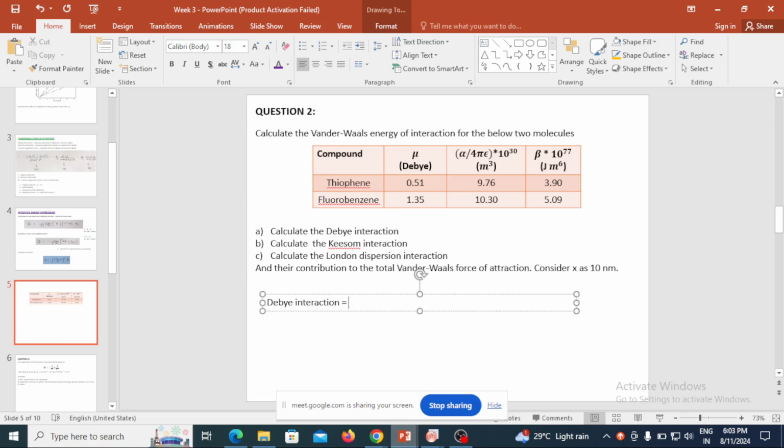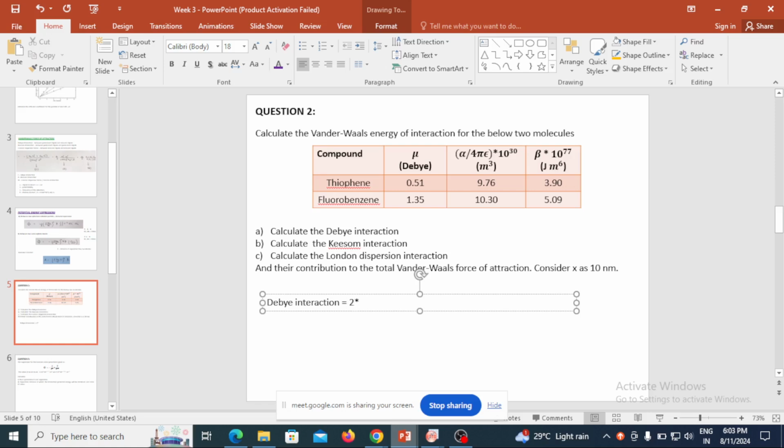So here since both are thiophene molecules, alpha 1 mu1 square plus alpha 1 mu2 square plus alpha 2 mu1 square will become 2 times alpha 1 mu1 square.